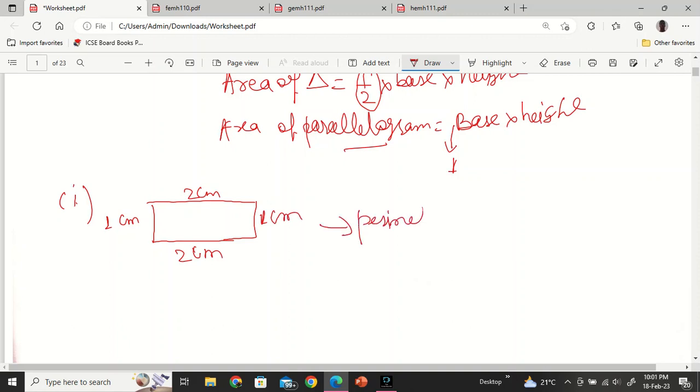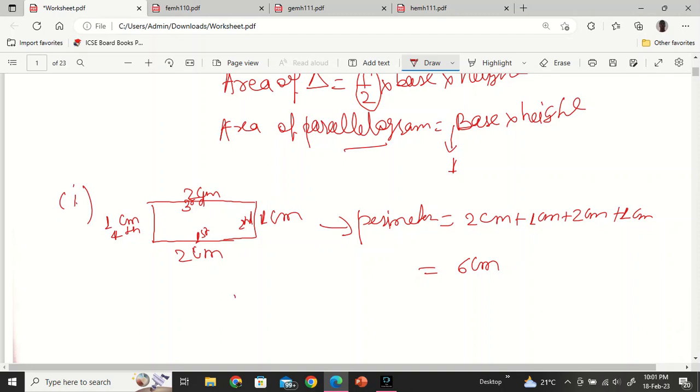If you go by my definition, it is the sum of all boundaries. The very first boundary is this one, second is this one, third is this one, and fourth is this one. So you add up all the boundaries. ये 2 सेंटीमीटर है, ये 1 सेंटीमीटर, ये 2 सेंटीमीटर और ये 1 सेंटीमीटर. So it will be 6 centimeter.